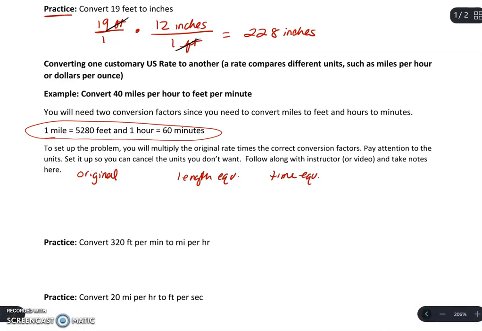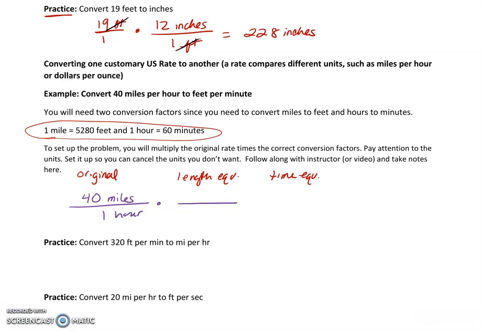So with the original, we were given 40 miles per 1 hour. And then for length, we're going to look at the miles and the feet.